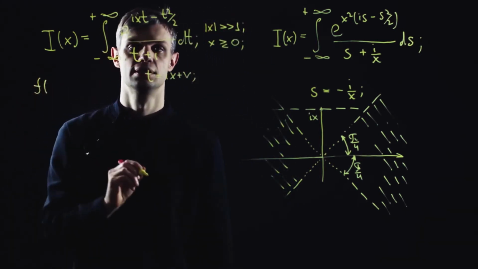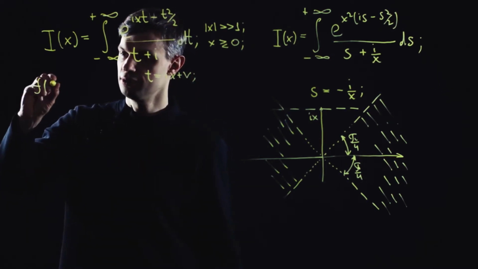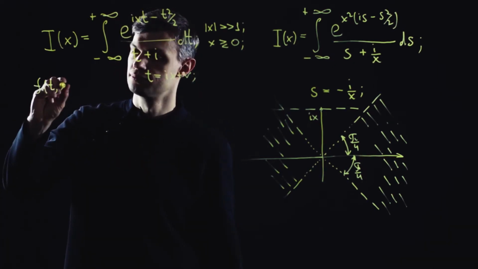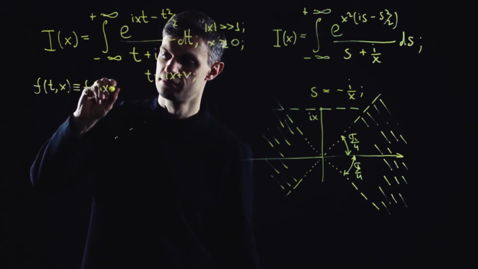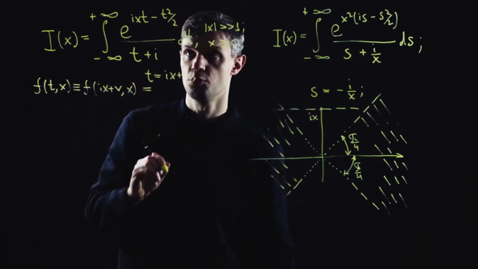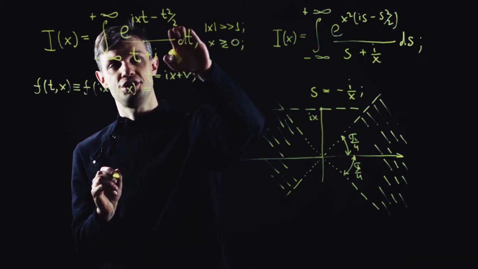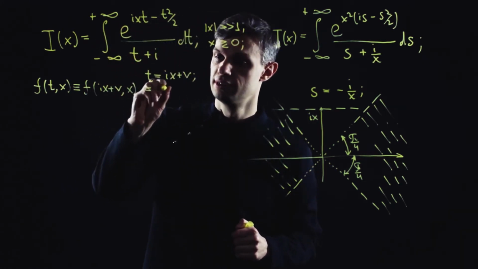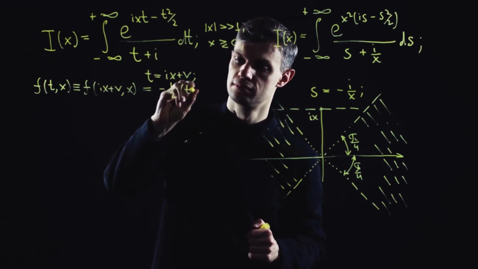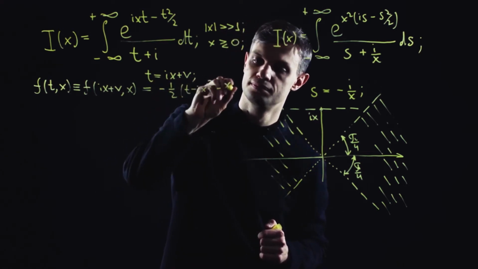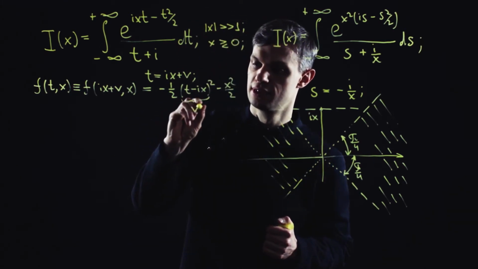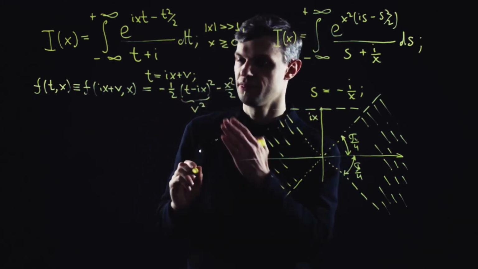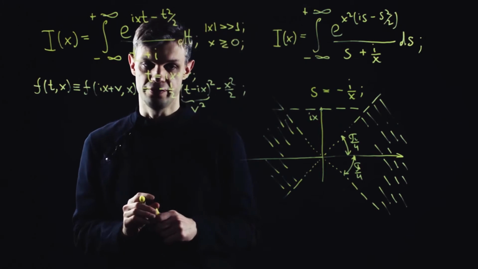And the exponent function is now rewritten as follows. Well, in fact, you can detach here a full square. And the first term simply becomes the new complex variable v.